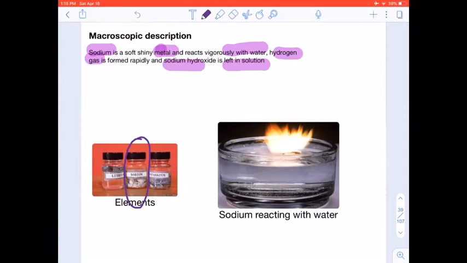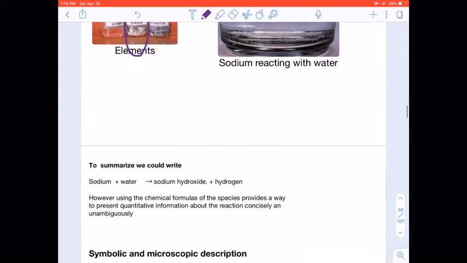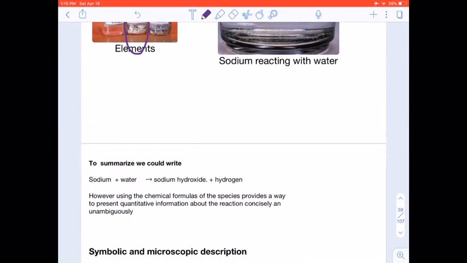Now, how do we interpret this phenomenon in terms of what's happening at a microscopic level or the symbolic level? Right, so what we do here is, firstly, we know that sodium reacts with water, gives us sodium hydroxide and hydrogen. That we know, right?